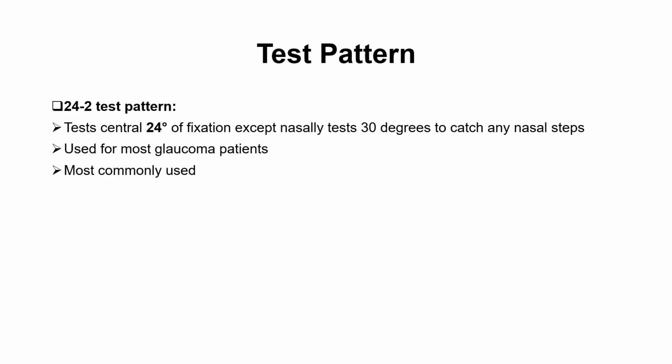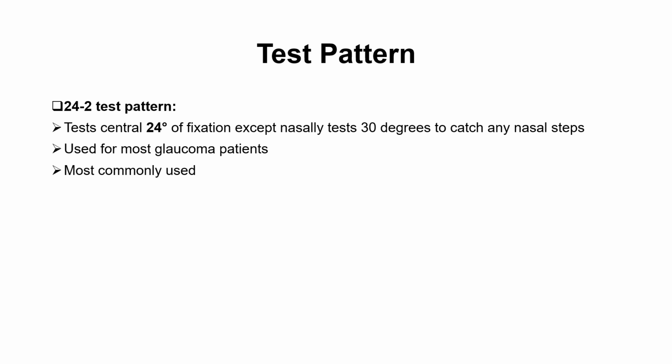The second most commonly used test pattern is the 24-2. And why is it called 24? Because it's testing the central 24 degrees of fixation. However, nasally, it tests 30 degrees, not 24 degrees of fixation, in order to catch any nasal steps seen in early glaucoma.